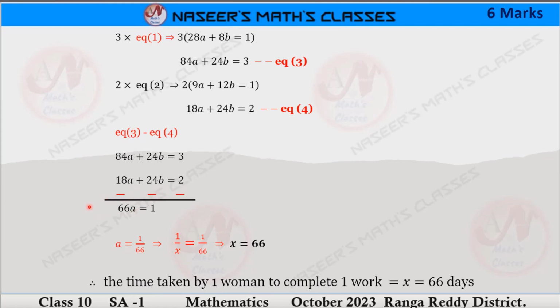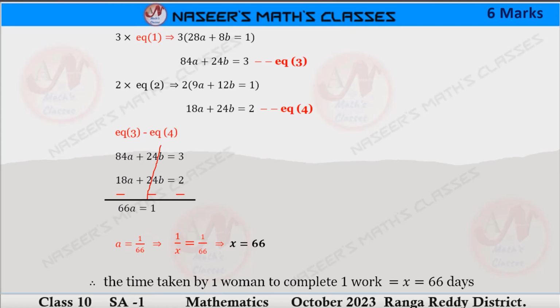Then we can write it as 84a plus 24b is equal to 3, and 18a plus 24b is equal to 2, then we change the signs. 18a has become minus 18a and 24b as minus 24b and 2 as minus 2. So now we can cancel 24b and 24b.